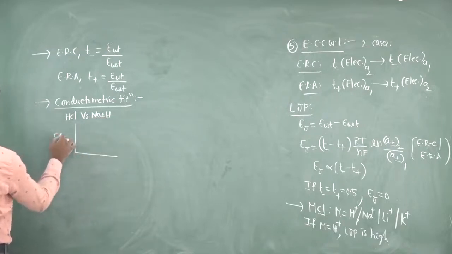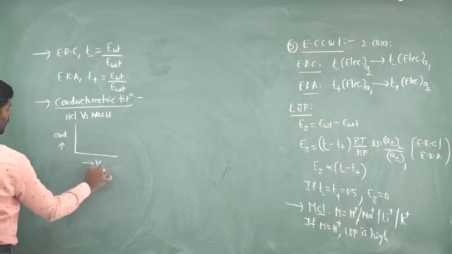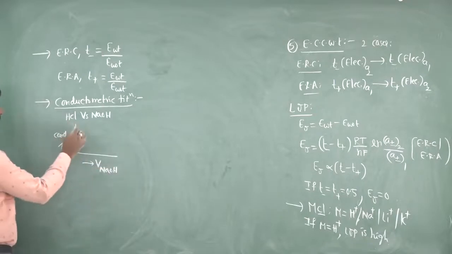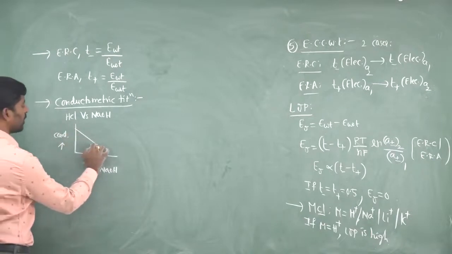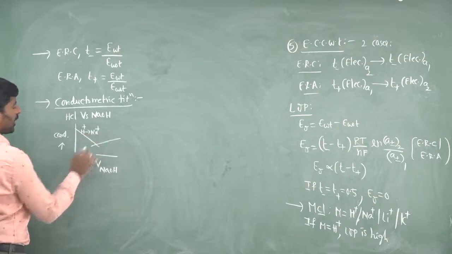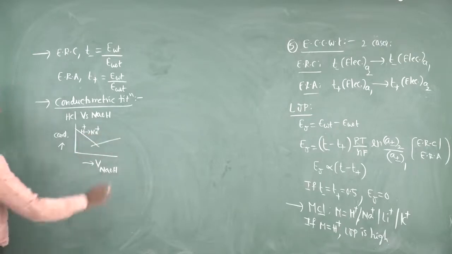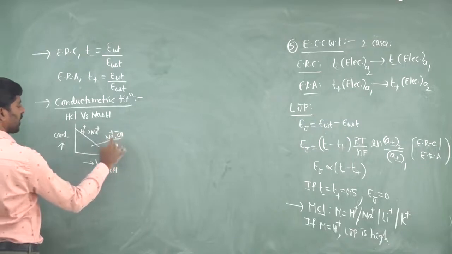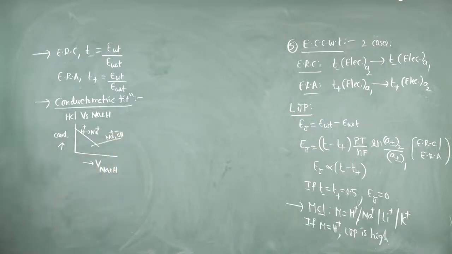Nature of graph, conductance versus volume of NaOH: sharp decrease and sharp increase. Here H plus ions are replaced by Na plus ions, and after the end point there is no reaction, so Na plus and OH minus ions increase, therefore conductance increases.